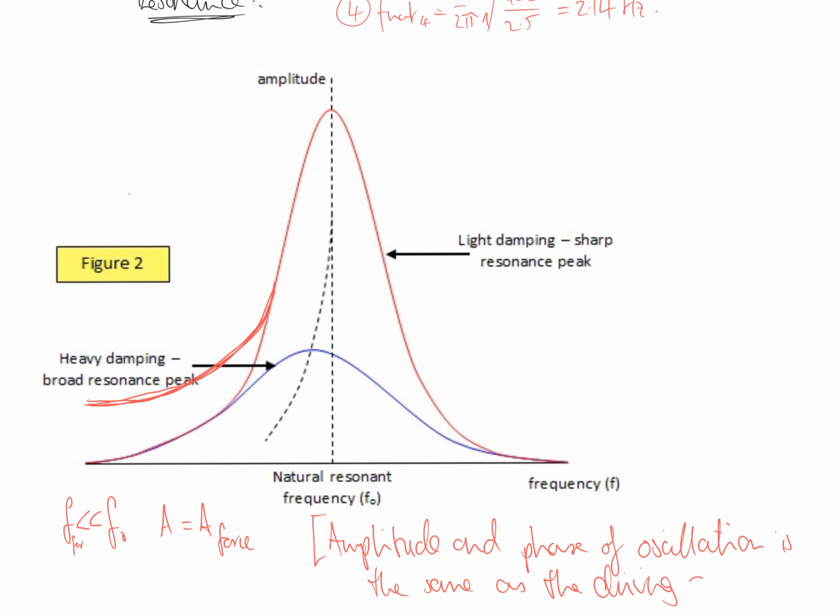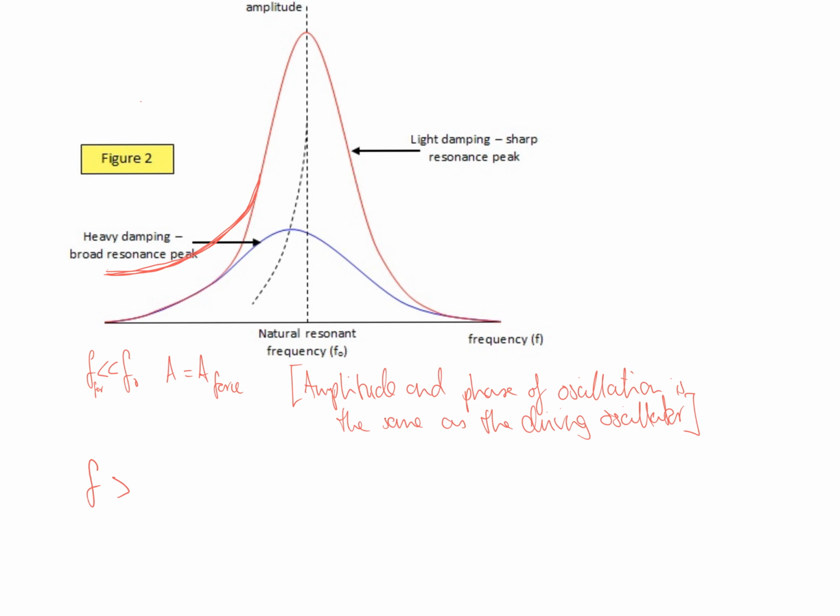Okay, but if we were to change it slightly and describe what happens when f is very much greater than f0, the natural frequency, then the amplitude tends to 0, as we saw in the previous video.